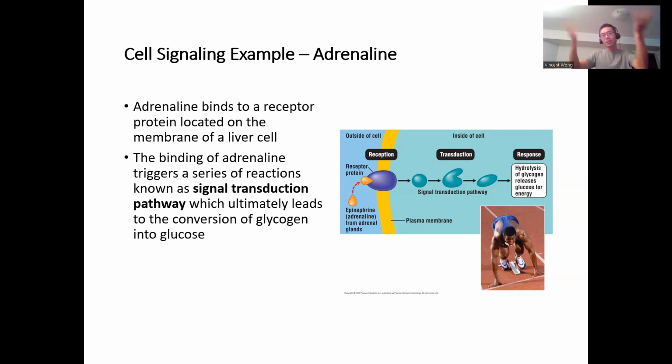But this is like what's going on in the cell. This protein is like the doorbell. The kids are ringing the bell. They never got into the house. They never got into the cell. But all these actions are going on as a result of the hormone binding to the receptor protein.